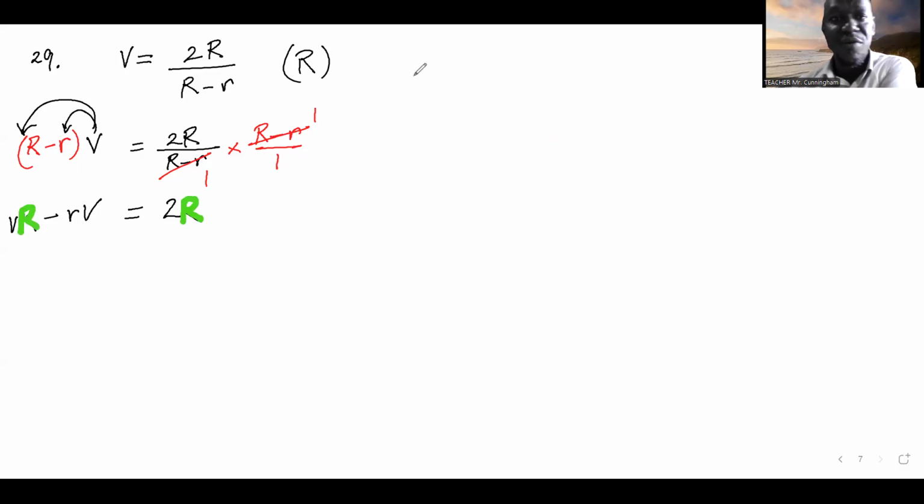R here. But we're finding for R, right? We're finding for R. But what I'm noticing is that I want all the R's on one side. So I'm just taking this negative VR and I'm putting it on the other side so it becomes positive.